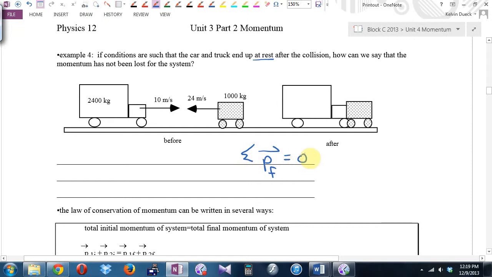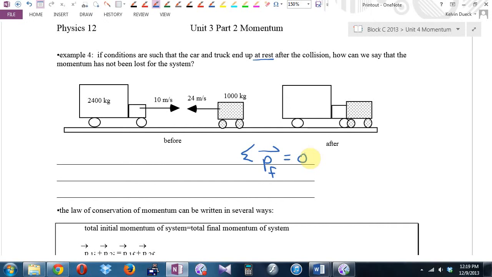Why? Because momentum is mass times velocity and there's no velocity. It means that the momentum before the collision had to have been 0.